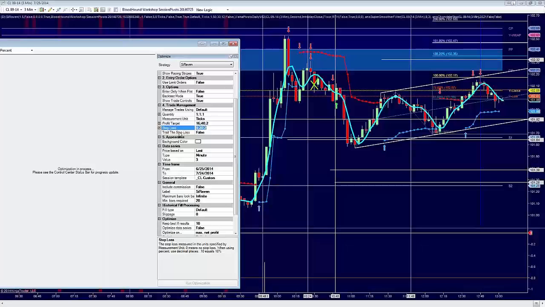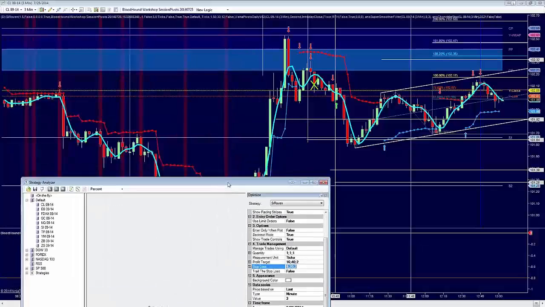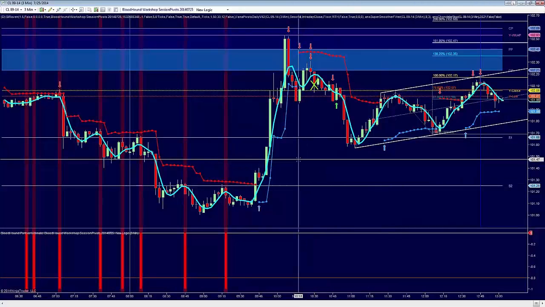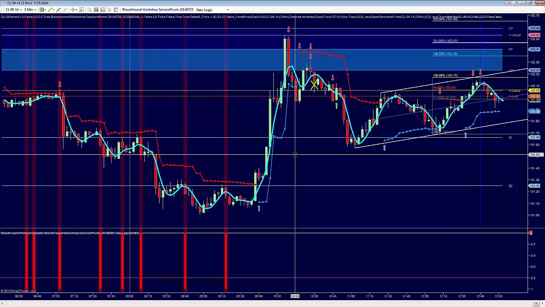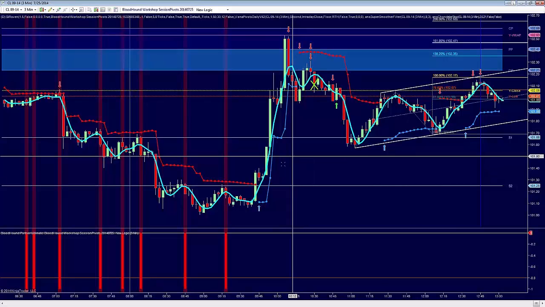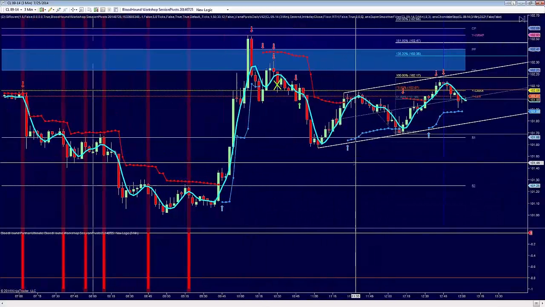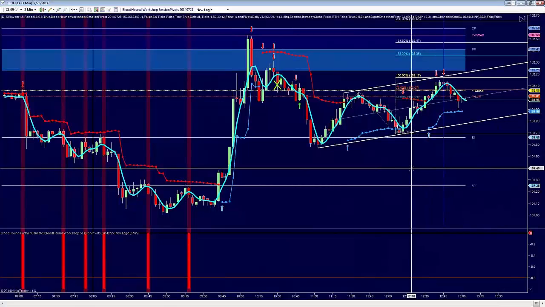I think we all know that by now. You can have a great entry, but if you're only going for 2 ticks for your profit target and you have a 10-tick stop, you're losing money, right? So you want to see what's the best target and stop to use with your specific entry.